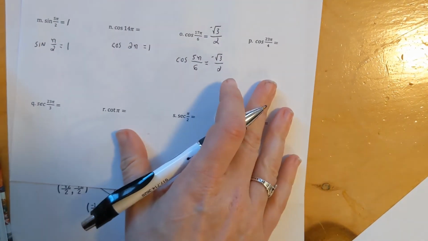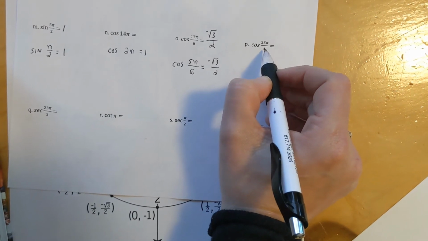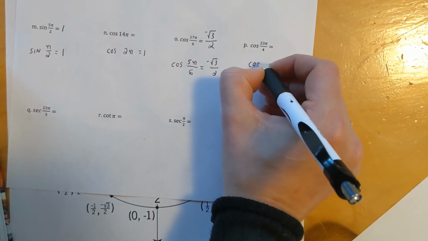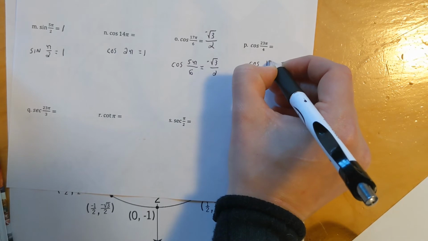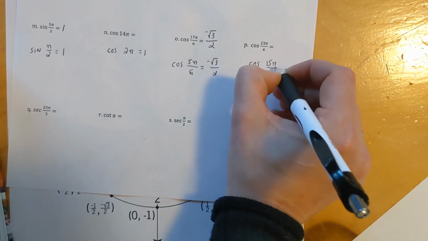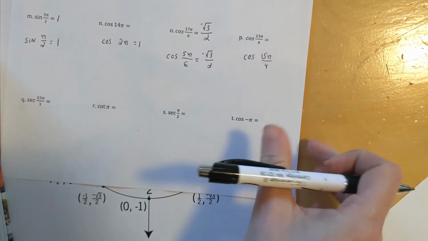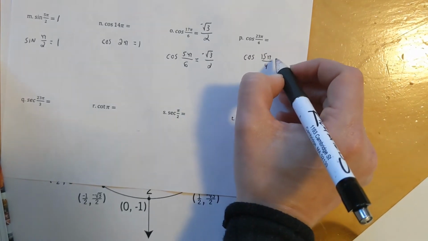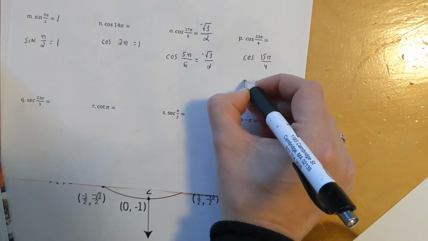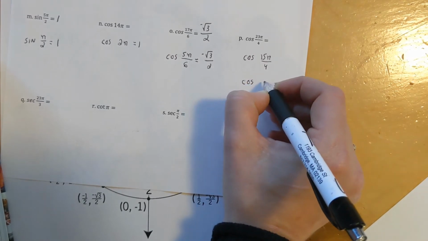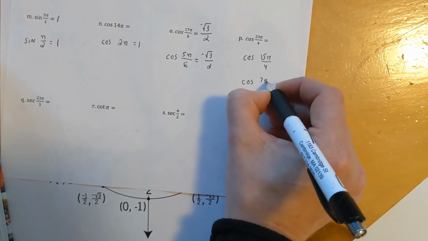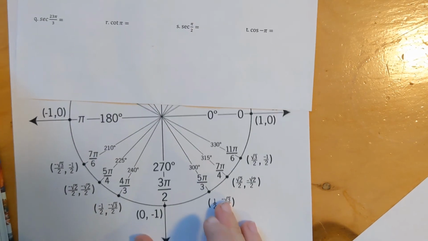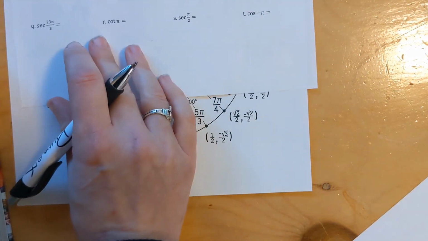All right. Again, I subtract 2 pi, which is the same as subtracting 8 pi over 4. So that's cosine of 15 pi over 4, and again it's still too big, so I'm going to subtract another 8 pi over 4, so it's cosine of 7 pi over 4, and then finally we get something that's on our unit circle.